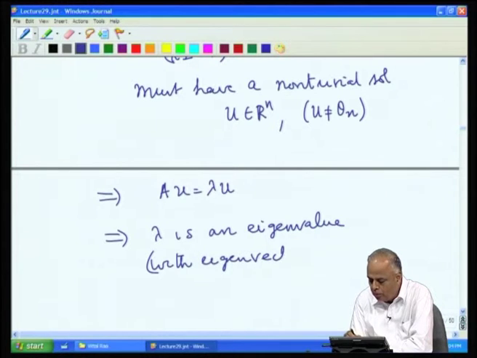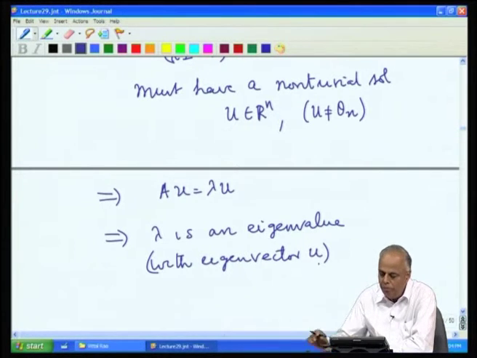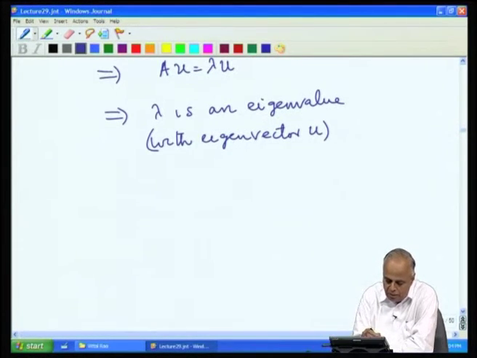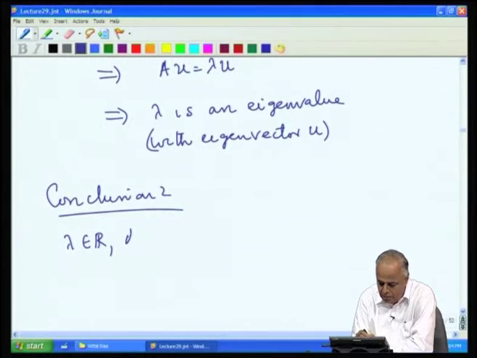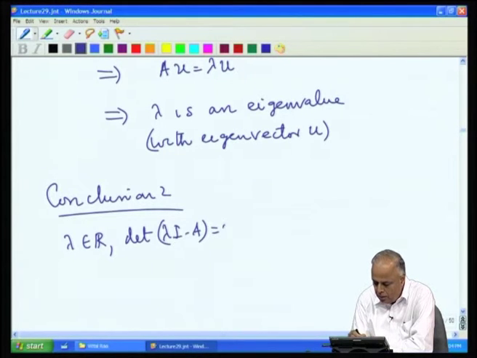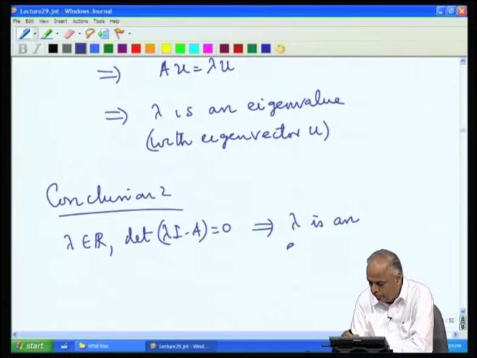So, therefore, this is the conclusion 2 we have got: for lambda belonging to R, determinant of lambda I minus A equal to 0 implies lambda is an eigenvalue of A.